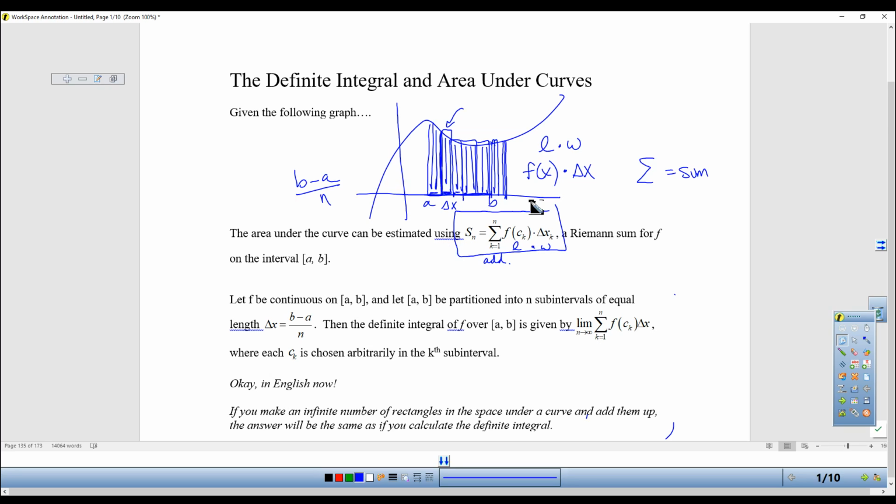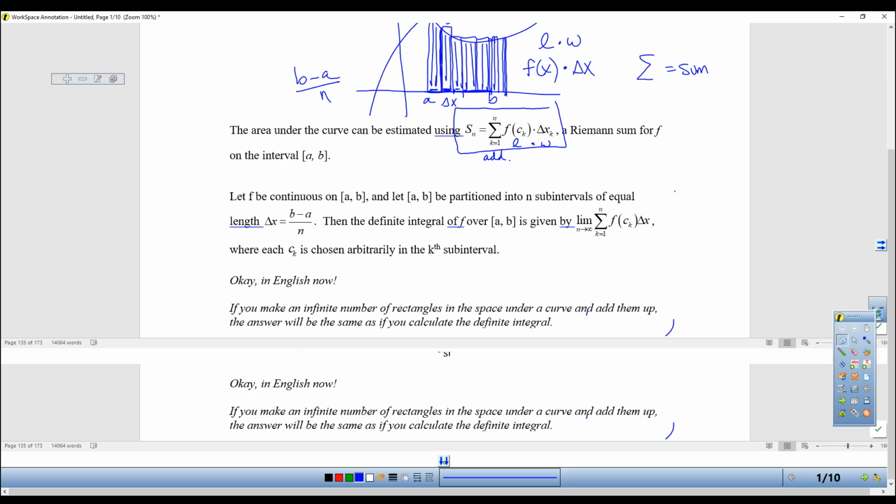So we're going to take this definition that was already kind of complicated, and we're going to add the limit as n approaches infinity. So in English now, if you make an infinite number of rectangles in the space under a curve and add them up, the answer will be the same as if you calculate the definite integral.